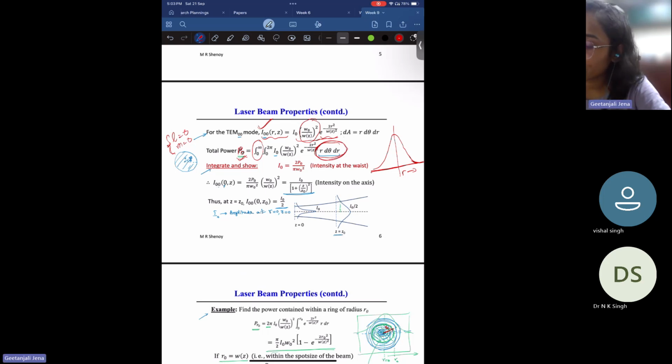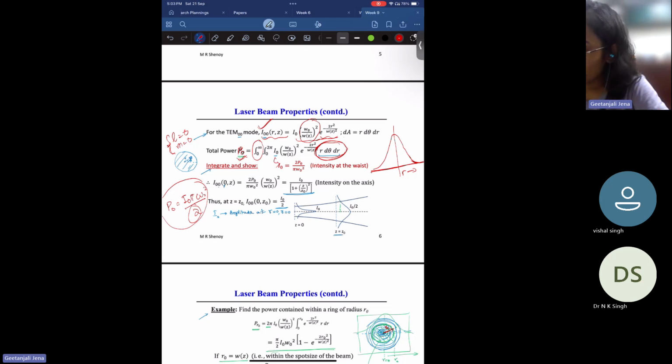If you integrate it, you get the power P0 equal to I0 times pi W0 square by 2. So after integration, we get the intensity I0 as 2P0 by pi W0 square.